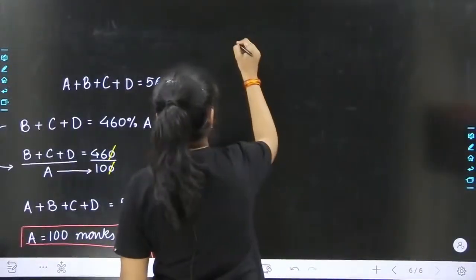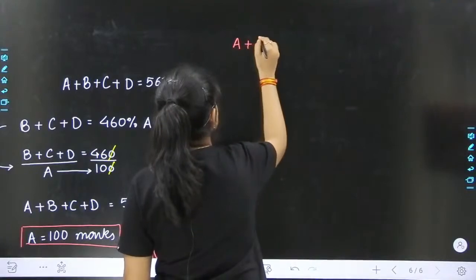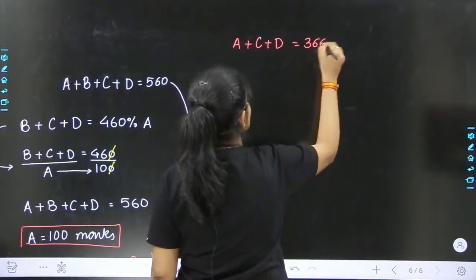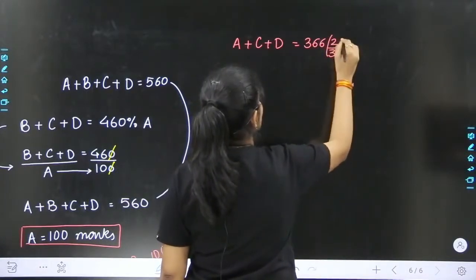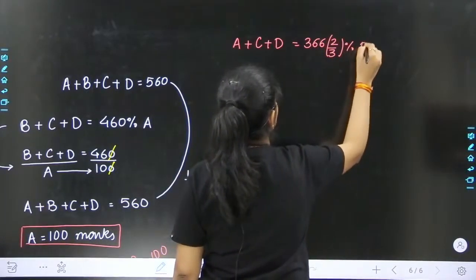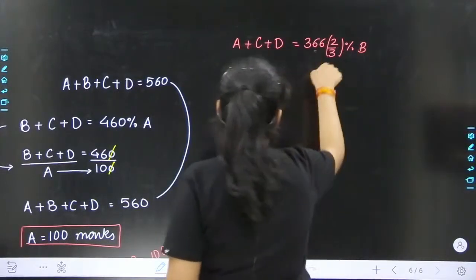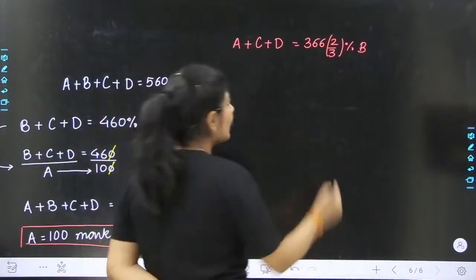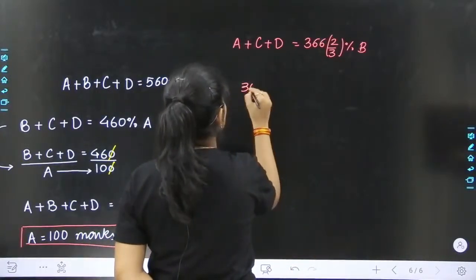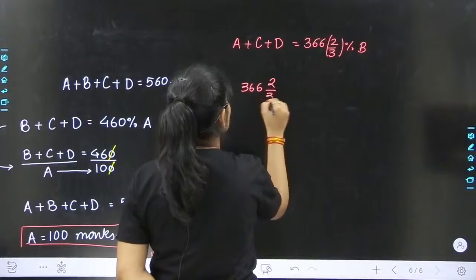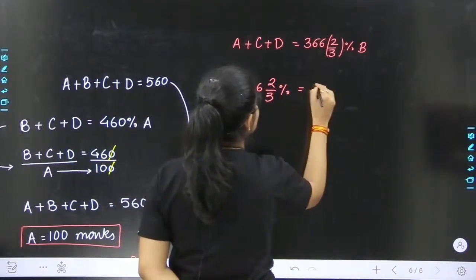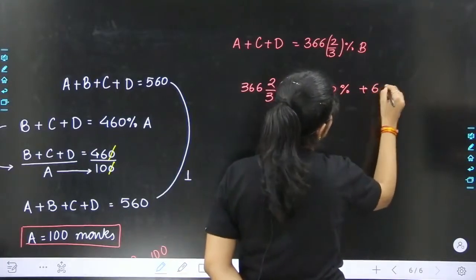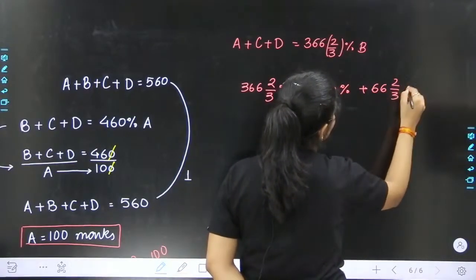We have the second equation as A plus C plus D, that is equal to 366 2 by 3% of B. If I want to convert 366 2 by 3% into a fraction, I can break it as 300% plus 66 2 by 3%.